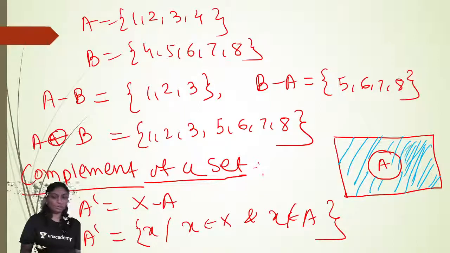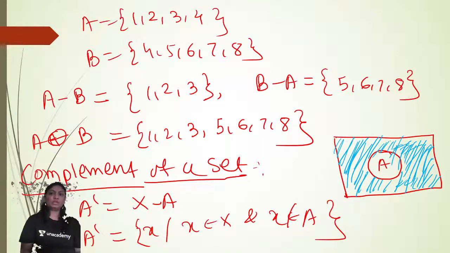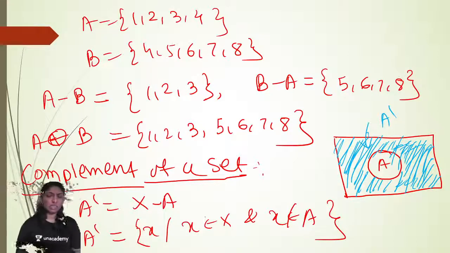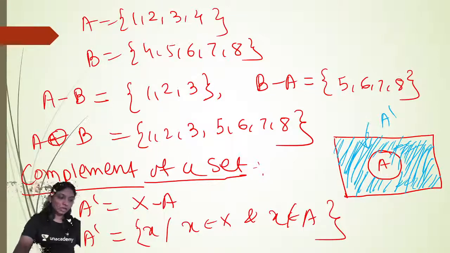The shaded portion is denoted by complement of A. Yeah, the elements which are in X but not in A are contained in the complement of A.